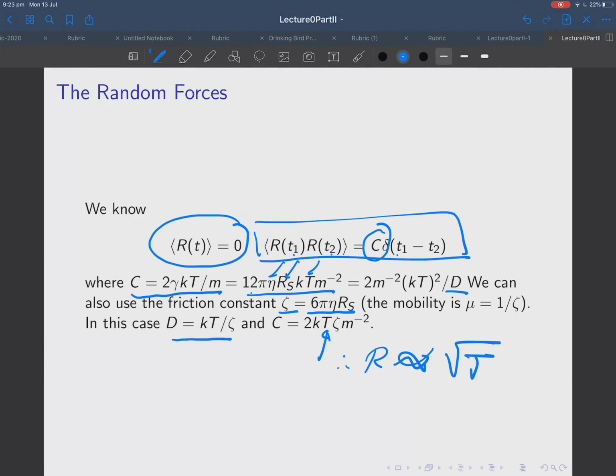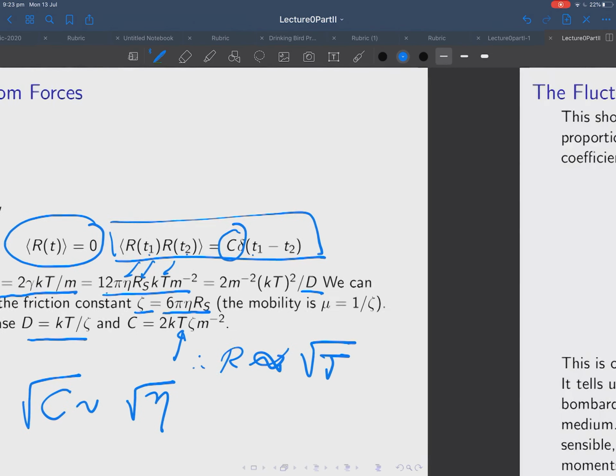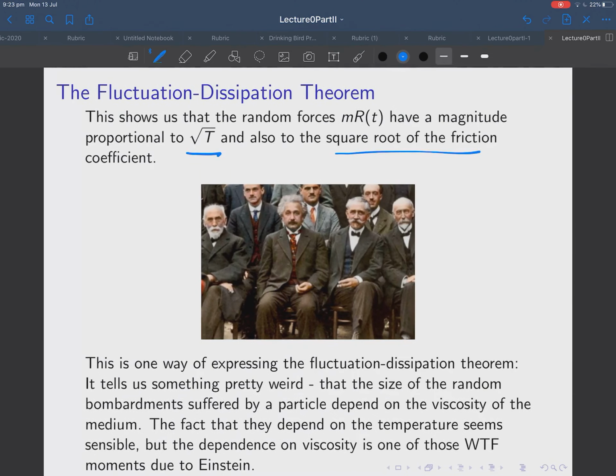So the other thing we can see back here is that the magnitude of these things, C, in other words, square root of C, which is the magnitude of the random forces, also depends on the square root of the viscosity. That's the square root of the friction. So there's Einstein with Mr. Langevin there. All right, so this is one way of expressing the so-called fluctuation dissipation theorem.